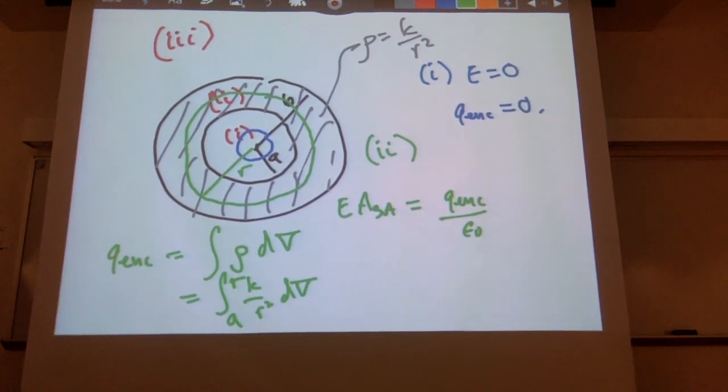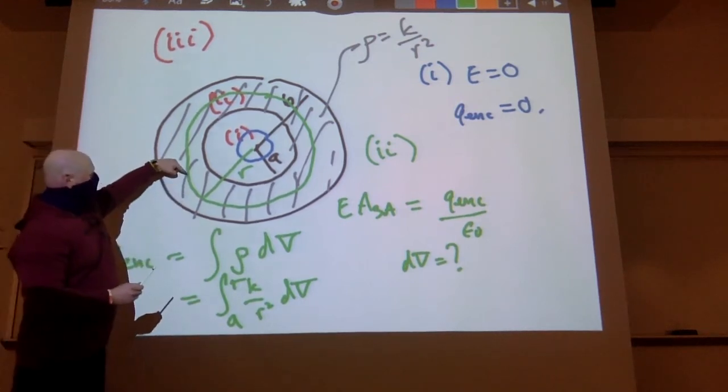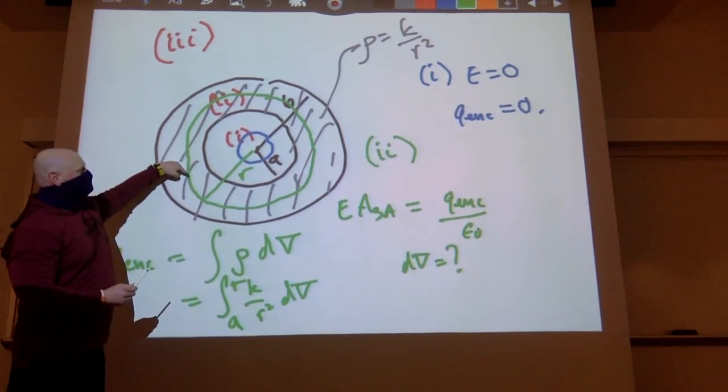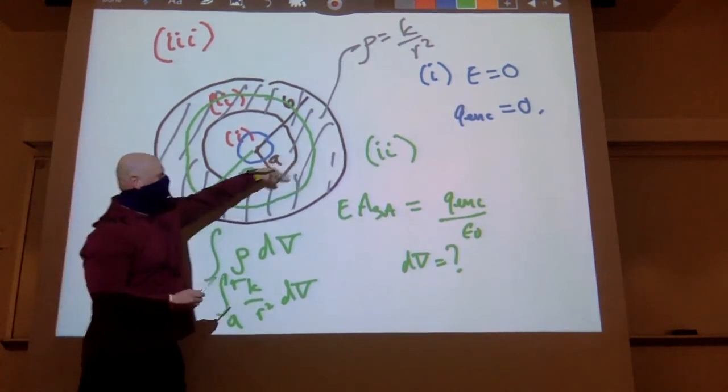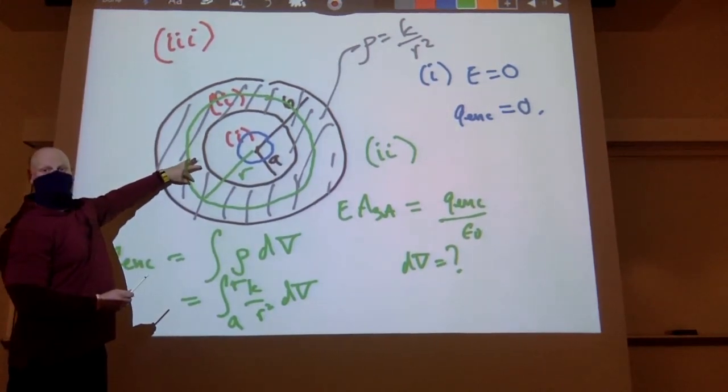Okay? Now, what is dV? So that's our next big question. Well, dV is going to be equal to what? The surface area of this shell, or at least of this surface that I drew, times the thickness of this line, which is simply equal to dr. Okay?